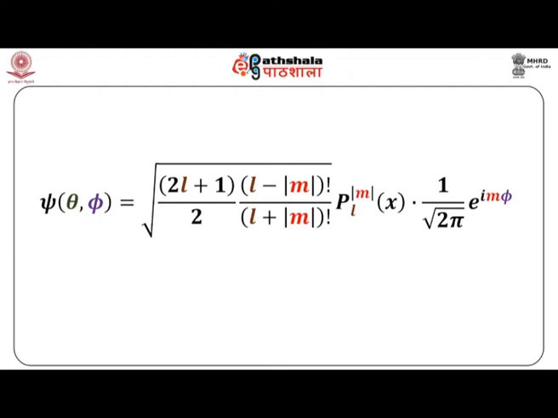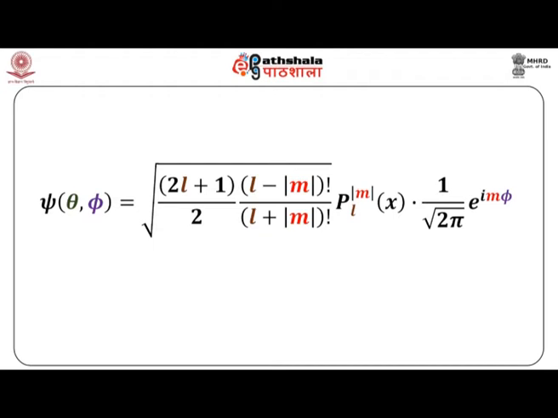This is the total wave function of the rigid rotator, psi(theta, phi) equal to the square root of (2L plus 1)/2 times (L minus absolute m)! upon (L plus absolute m)! into P_L^|m|(x).